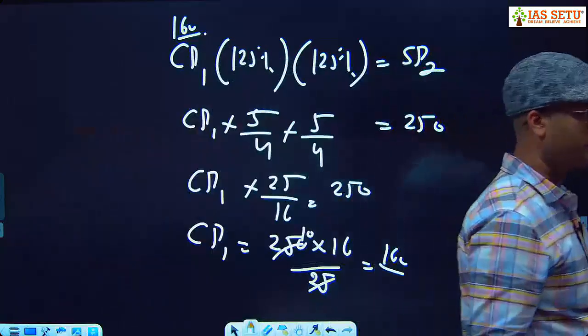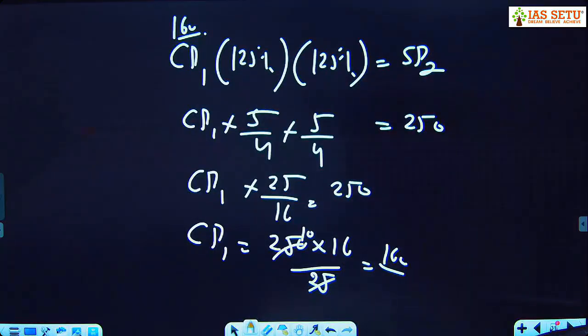इफ CP2 is 250, what is CP1? You can find. तो उसमें दो ही लोग हो गए बस, तो दोनों लोगों का प्रॉफिट ऐड करके SP2 के बराबर कर दो. ओके, चलो फाइन. थैंक यू स्टूडेंट्स.